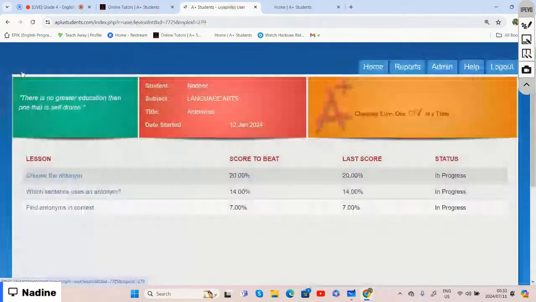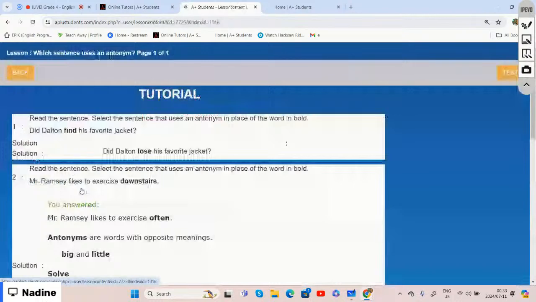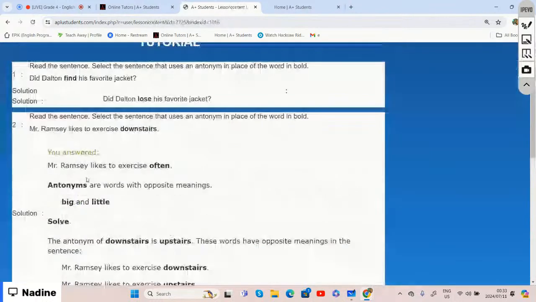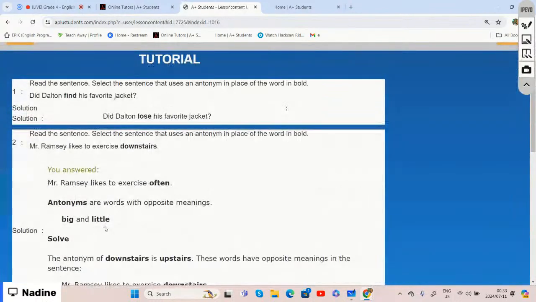It says, which sentence uses an antonym? And remember, we said antonyms are words with opposite meaning. Here, if we look at the sentence, it says, did Dalton find his favorite jacket?